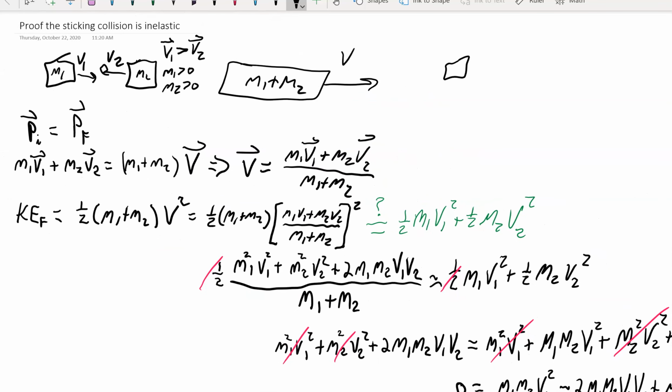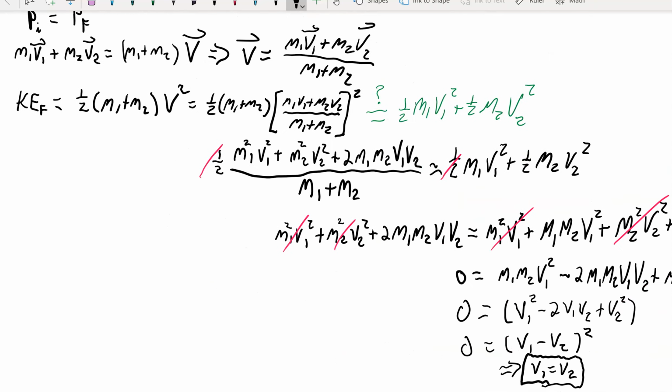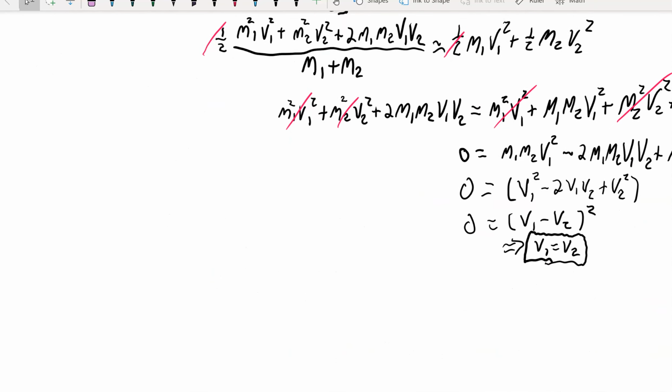So that means that your original setup would look like this. But how on earth are these things ever going to crash into each other if they are both moving at the same speed? The answer is they can't. The only way for energy to be conserved in this case is if V1 equals V2, and you simply don't get a collision if that happens.